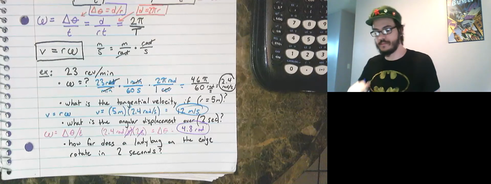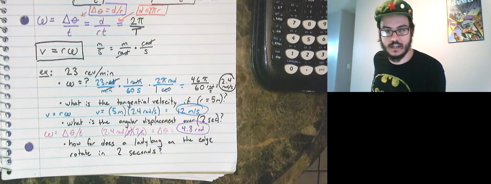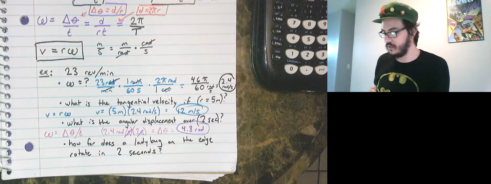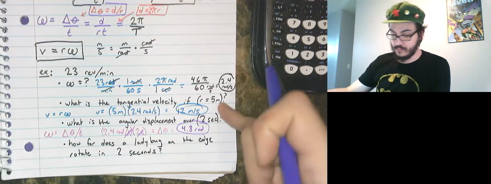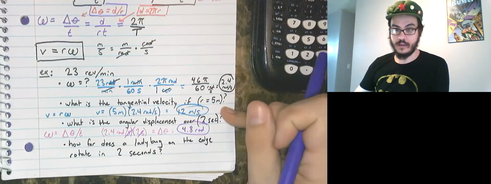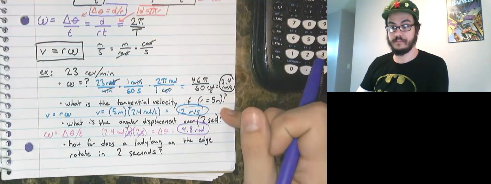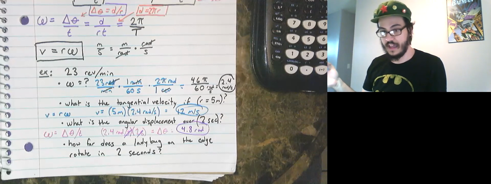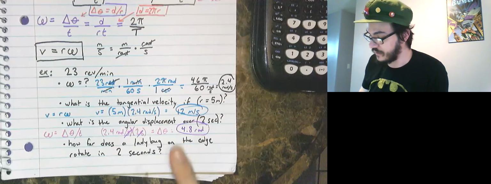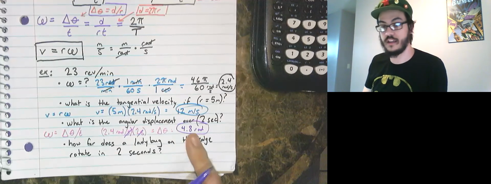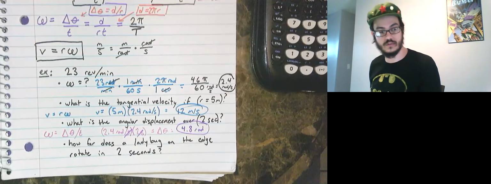How far does a ladybug on the edge of the turntable rotate in 2 seconds? You could start this from the tangential velocity, do it that way, use old reliable, or you could do it with the fancy new stuff like converting angular displacement into translational.